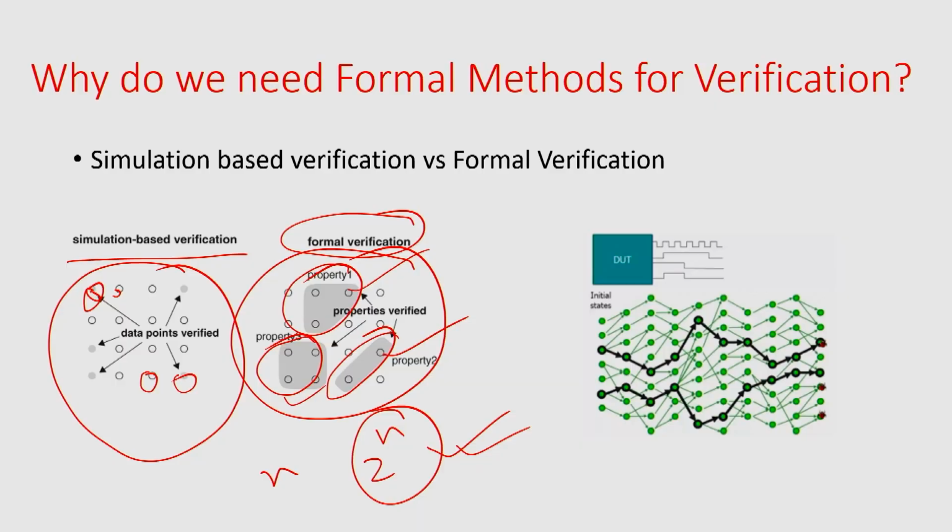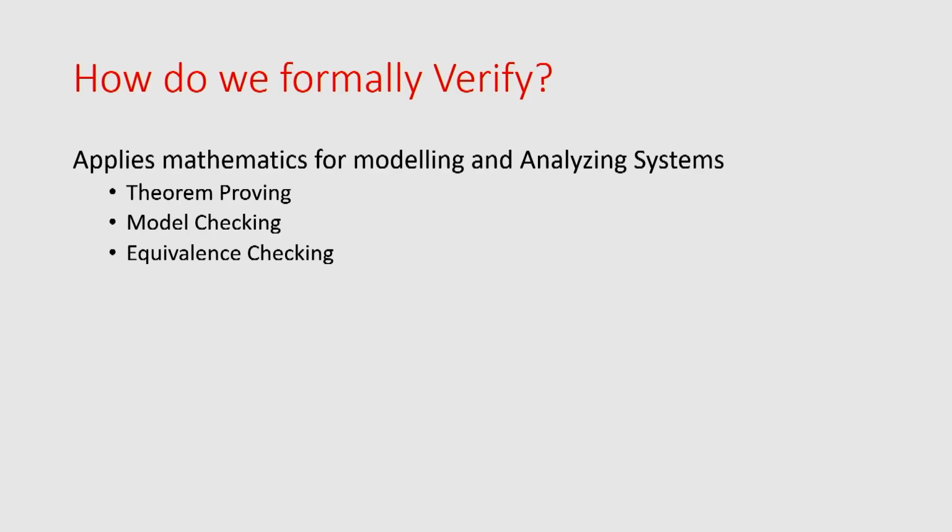So even formal verification has to guarantee that for all possible inputs your implementation is correct, right? It may be done mathematically, using properties, but it has to guarantee that. So this explanation probably gives you the idea of how property verification can cover your entire input space, right?